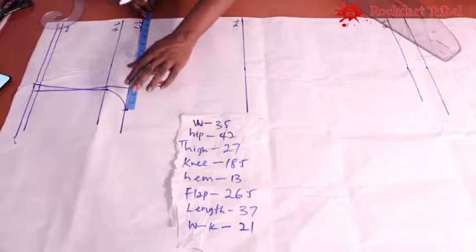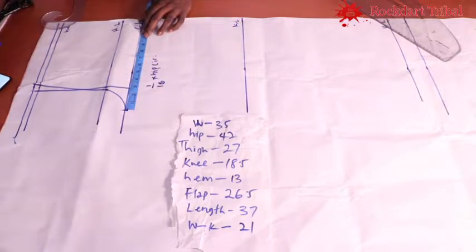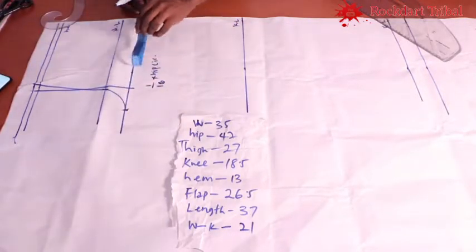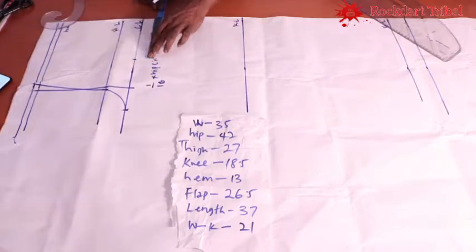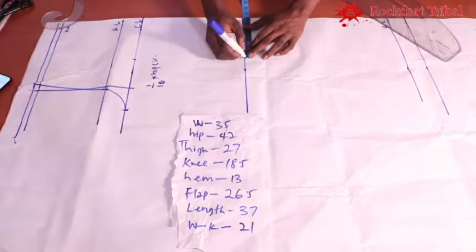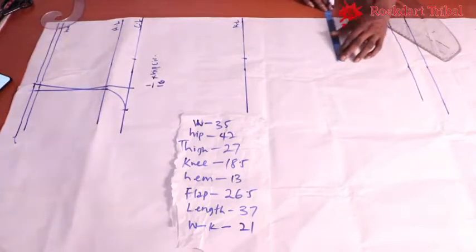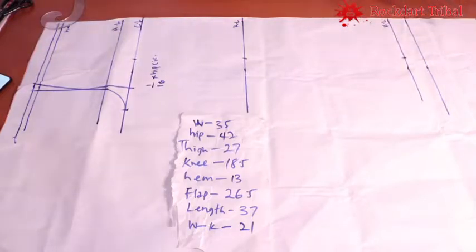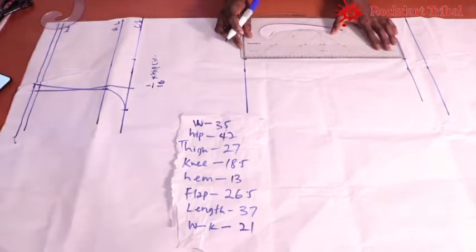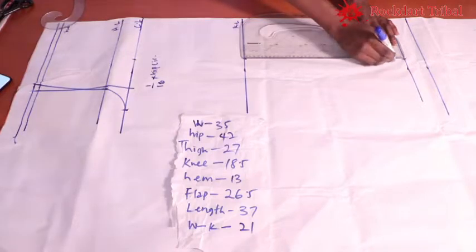I'll divide my crotch line into two, and that will serve as my crease line. After locating the midpoint on my crotch line, I'll take that same measurement down to my knee line and also to my hemline. Then I'll connect these points with my pattern master.